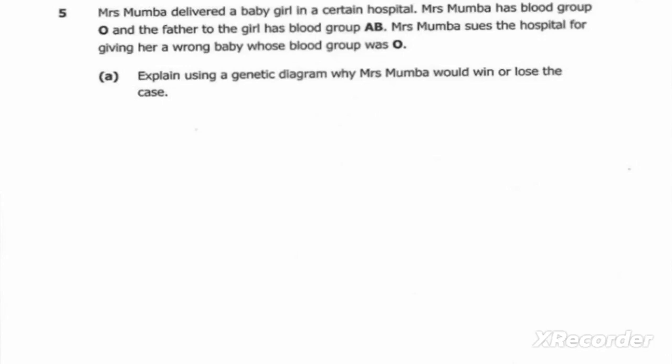Is she going to win the case or is she going to lose the case? To know that, first we need to do some crossings. The crossings are the ones that will help us to determine whether Mrs. Mumba will win the case or not. So let us do crossings.